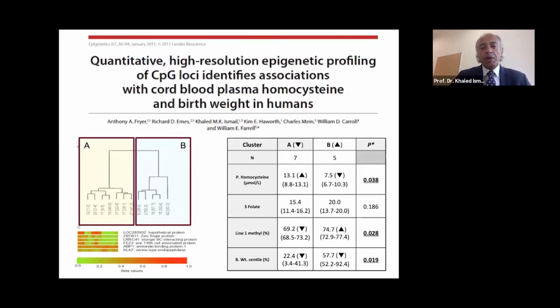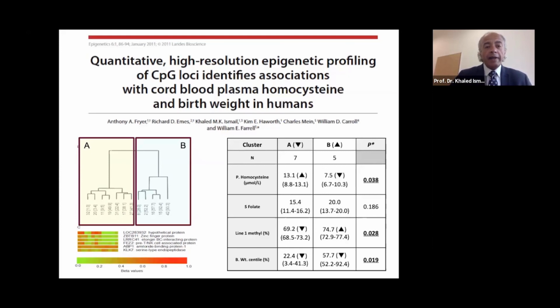We put the information from our experiments into a computer, and depending on the level of DNA methylation, it clusters the samples into those who have high levels of CpG island methylation and those who have low levels of CpG island methylation. The computer doesn't know what you're putting into it. It just does a mathematical analysis.